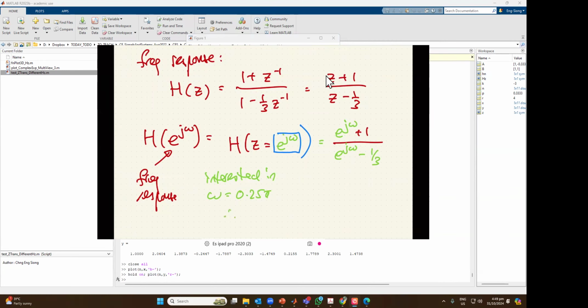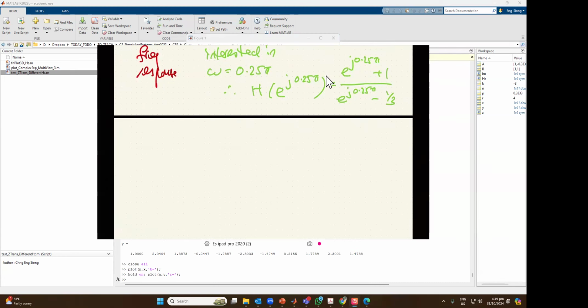Therefore, H of e to the j 0.25 pi is equals to e to the j 0.25 pi plus 1, over e to the j 0.25 pi minus 1 third. And the answer is, come on, guys.